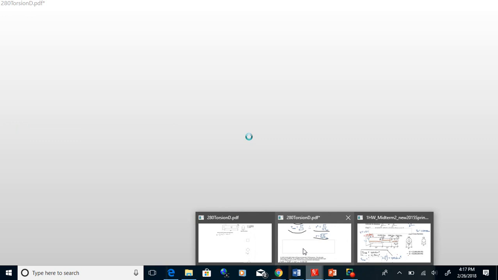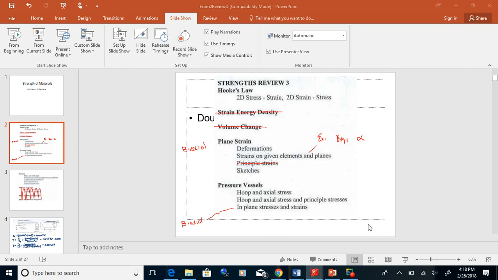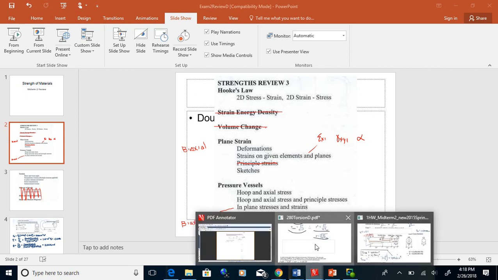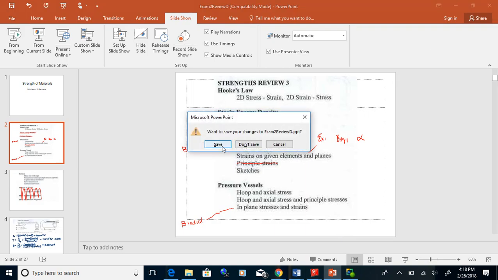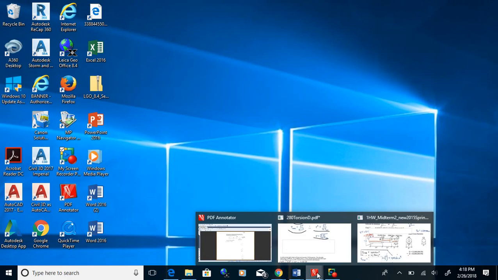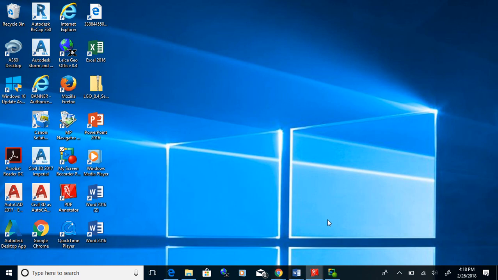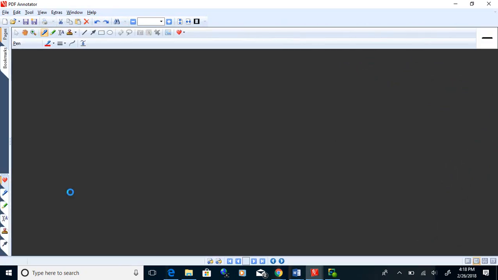Torsion. All right, so the last thing to do here is indeterminate torsion.